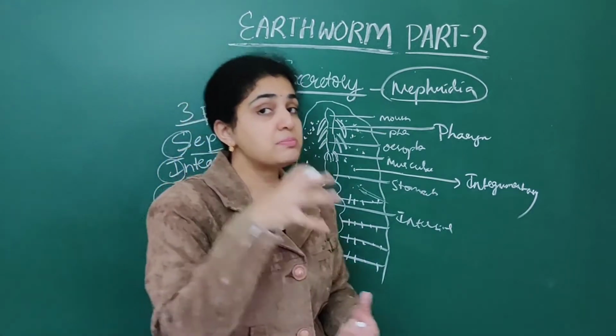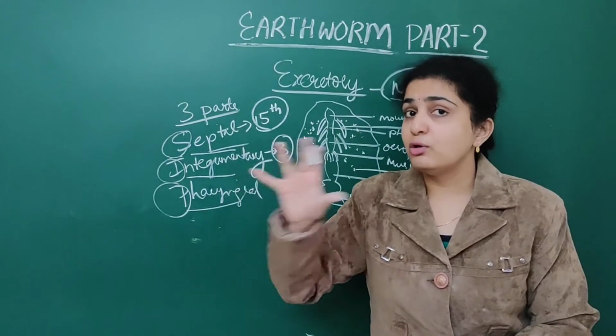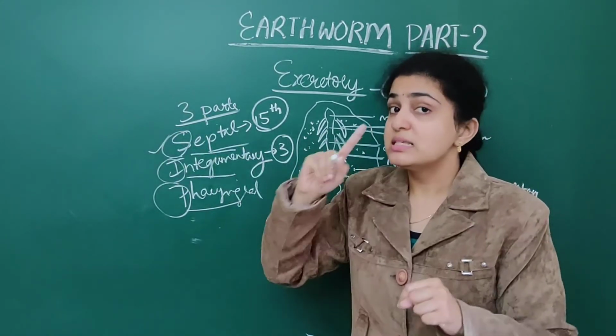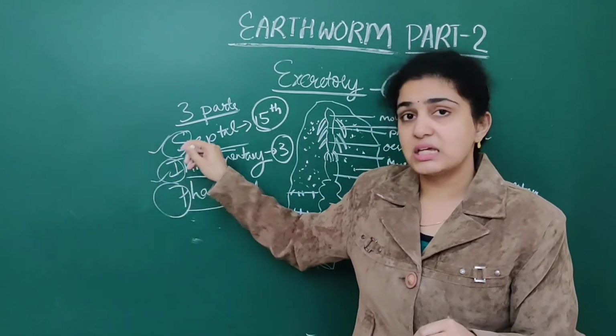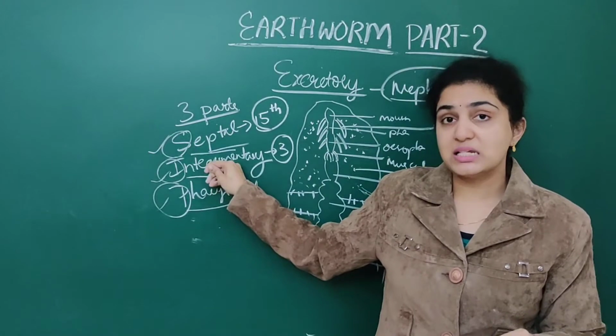So they will ask, from the 16th segment, what nephridia are present? They will give you options like this. First option, septal nephridia. Second option, only integumentary. Third, only pharyngeal. Fourth option, septal as well as integumentary.